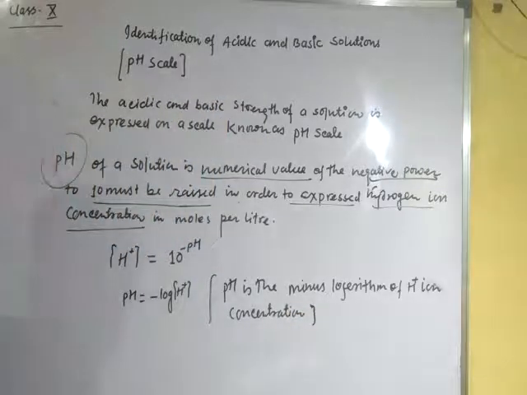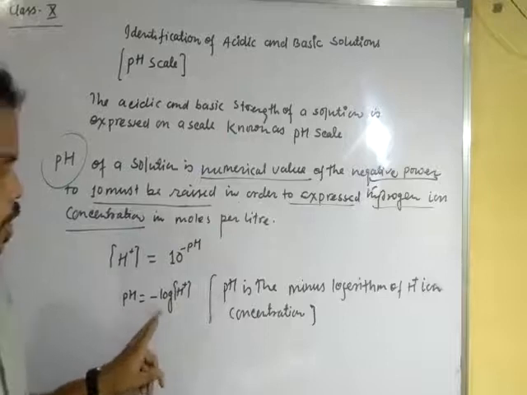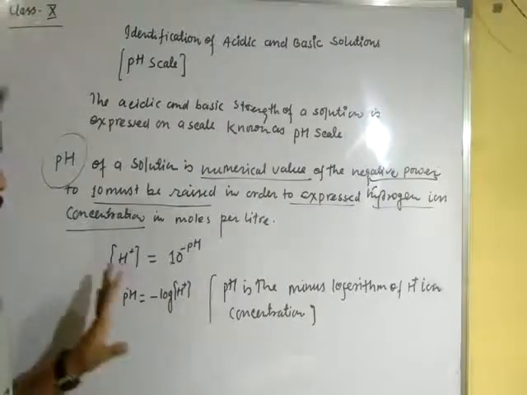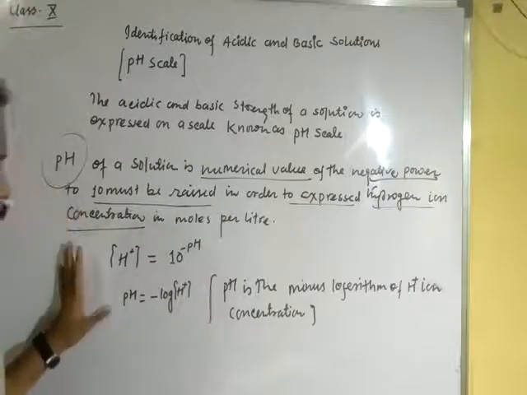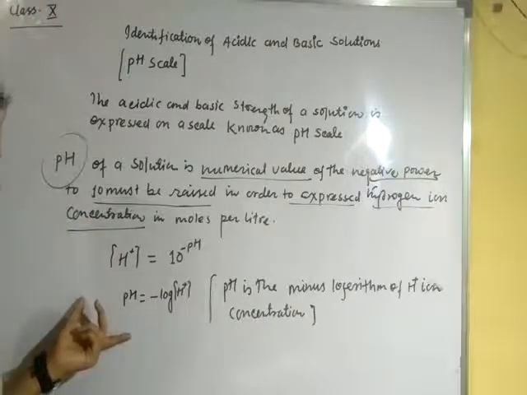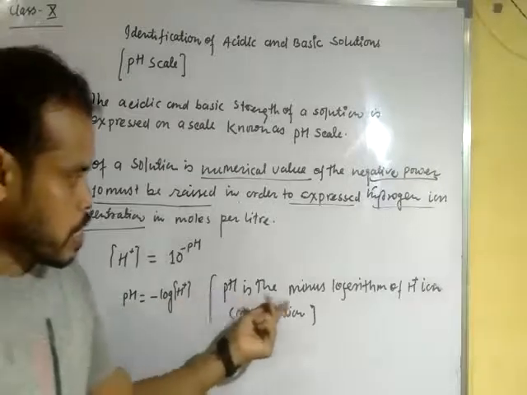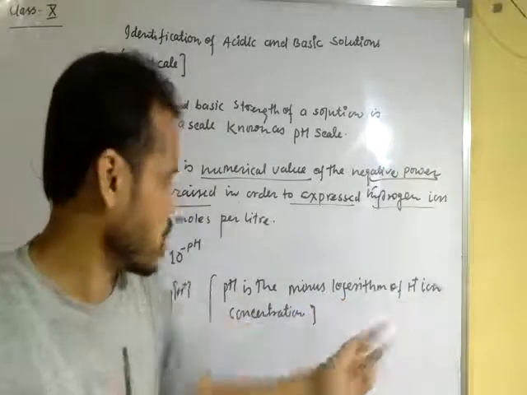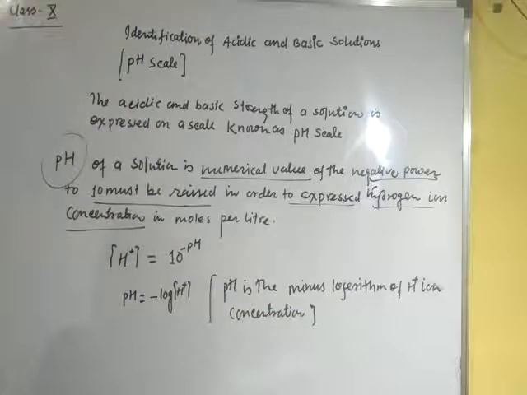Okay dear student, pH is equal to minus log H plus ion concentration according to the definition, and the other definition arises from this: pH is the minus logarithm of H plus ion concentration.